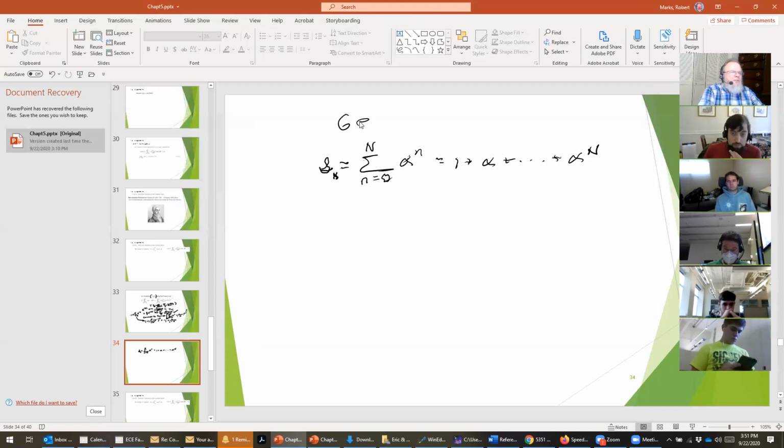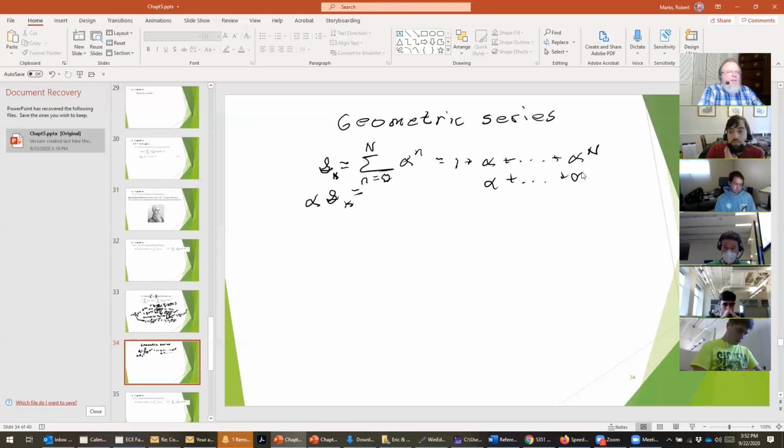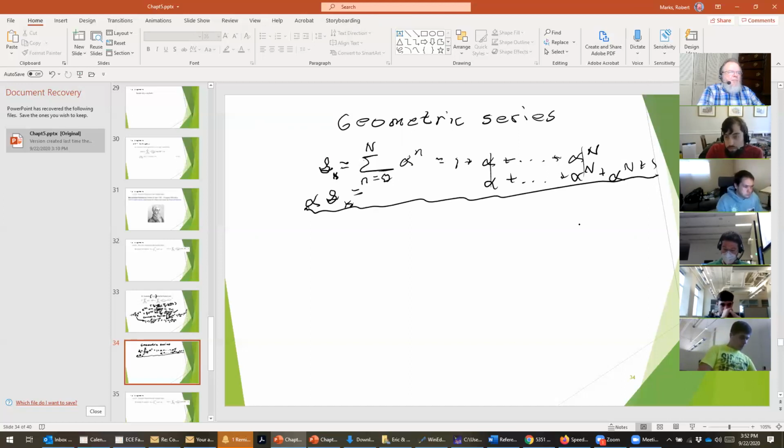Again, this is a geometric series. If you multiply S sub n by alpha, you get alpha plus dot, dot, dot, plus alpha to the n, plus alpha to the n plus 1. Is that right? Now we subtract these two, and you can see all of these terms cancel to 0.